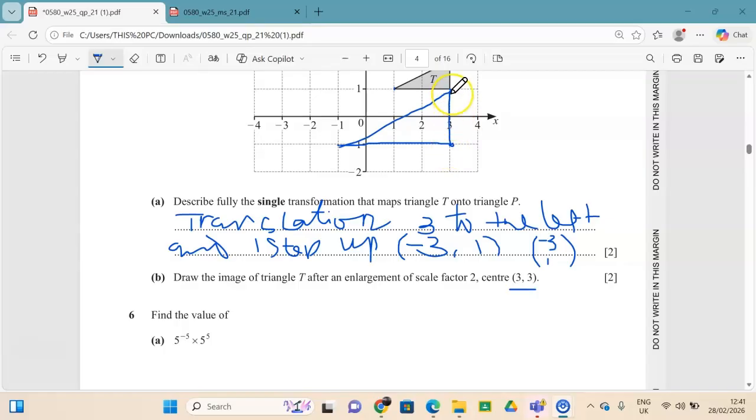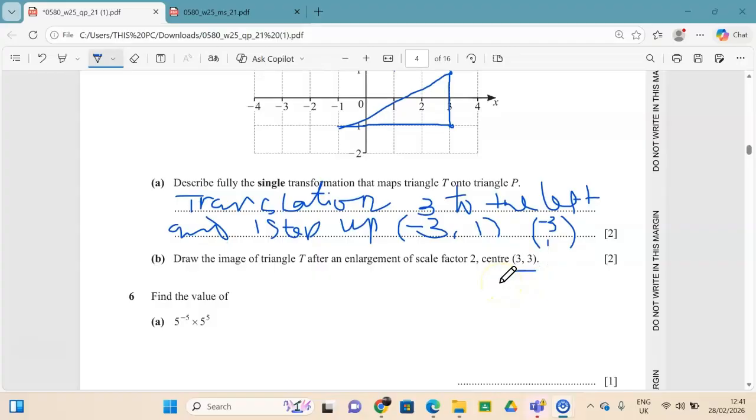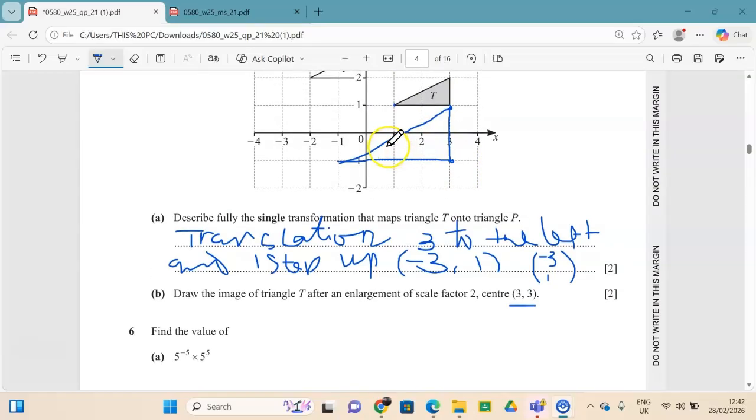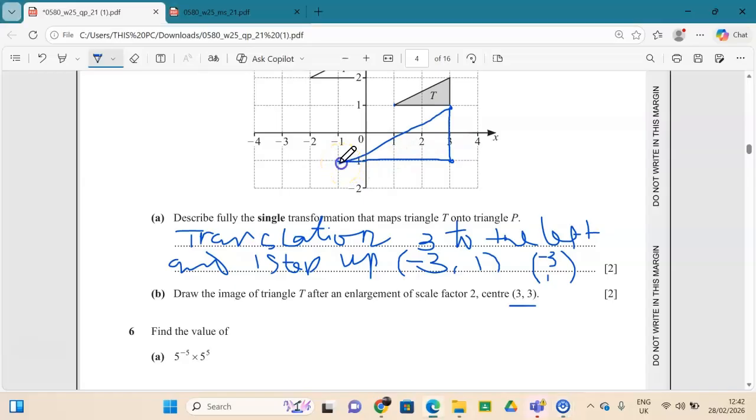This is 1 for y and 3 for x. Anyway, you can decide to write out the coordinates, but because the question says draw, this is exactly what you're supposed to do. So right now the coordinate will simply be a waste of time. So this is exactly what you're supposed to have.